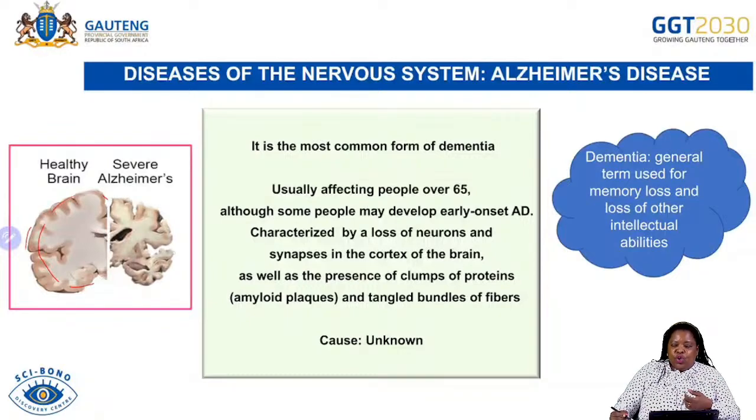So it will lead to memory loss and you are going to be forgetful, right? The cause of Alzheimer's disease is unknown. But scientifically it has been proven that loss of neurons can lead to AD, all right?